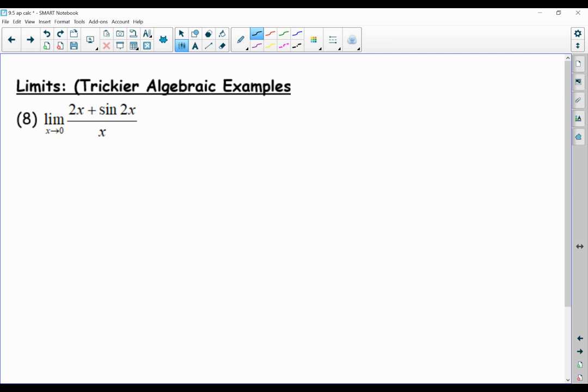Number 8. This is a trickier one. If we're going to be doing this one, I want you to pause and try this problem for approximately 5 minutes. Try whatever you can, then unpause this question.